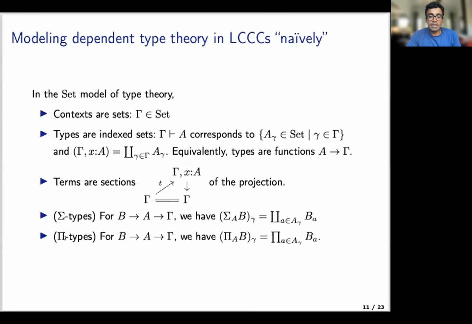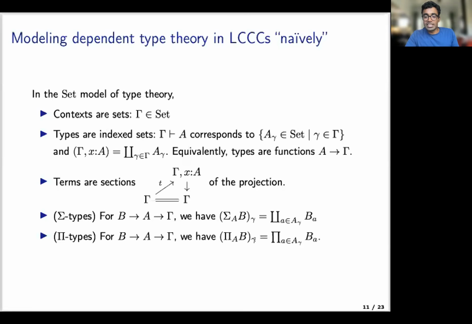And then sigma types and pi types have a canonical construction. Given a sequence of composable functions, so that's families indexed by another family indexed over gamma, we can define the sigma type by taking the disjoint union of the elements in the family, the elements that are indexed by points living over an element gamma.